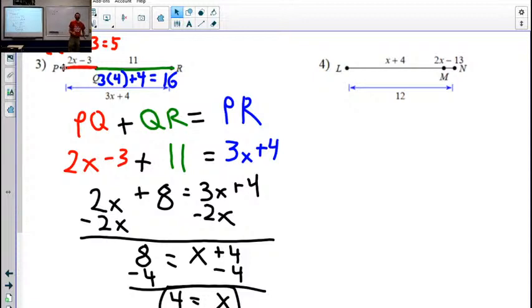So remember, your equation should be based on an idea in geometry. The idea here today is that the pieces adding together make the whole. And then we can double check our answer by plugging in for x and making sure it works out that way.